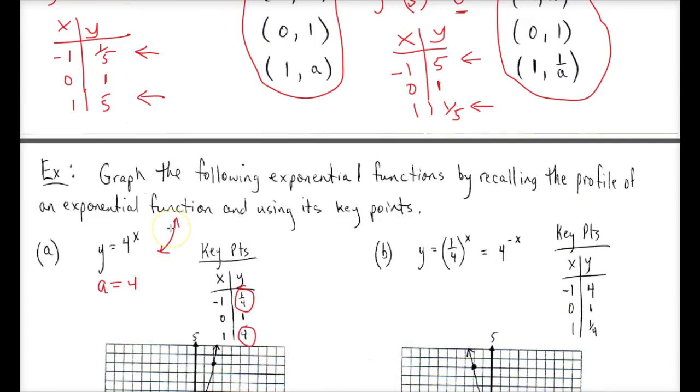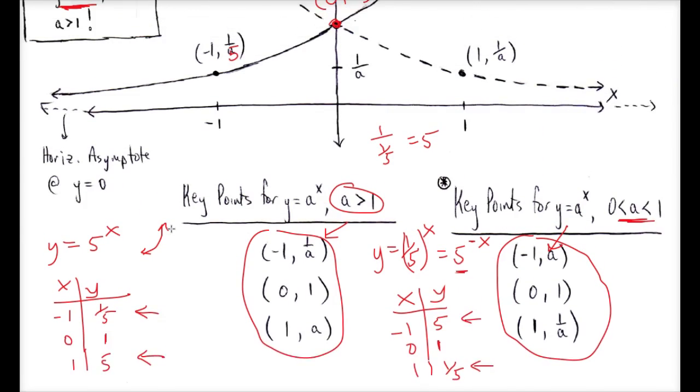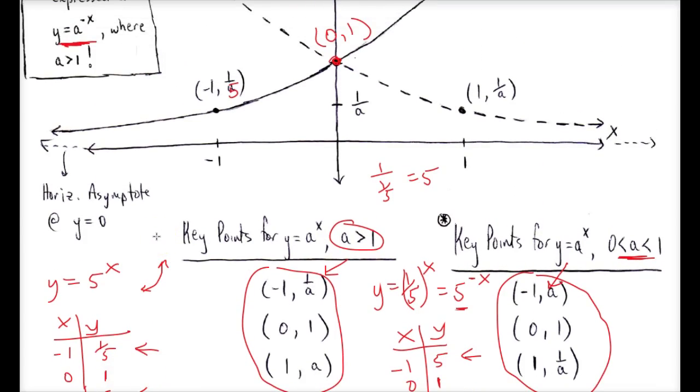I'm going to go back to the first page here to talk about that a bit. So here you notice that you see the same thing going on right here.